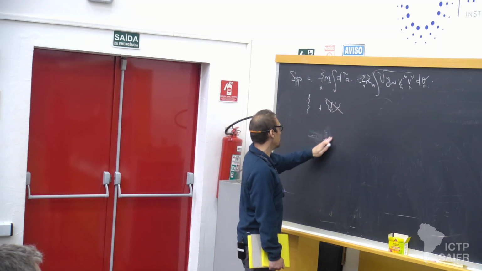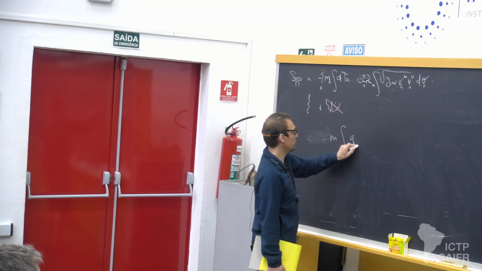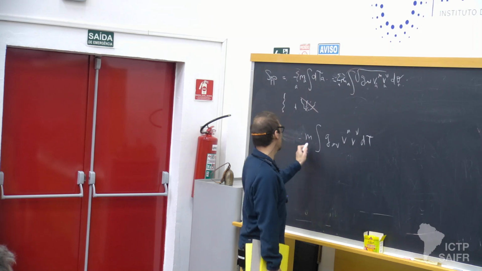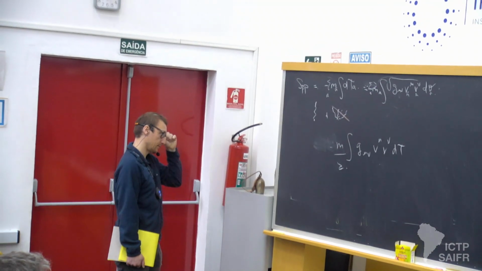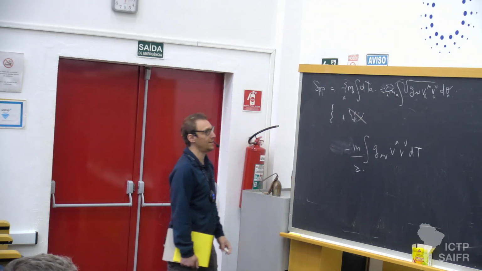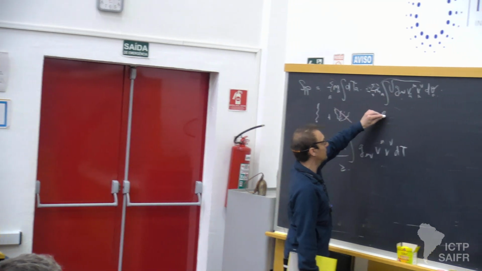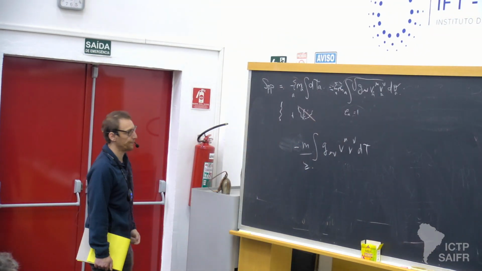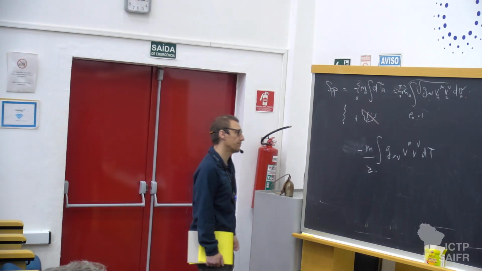So the action is a sum of the two, but what we have here is g_{mu nu} v^mu v^nu divided by 2. I'm not going to call it Polyakov, but it's the linearized form, which means I want to get rid of the square root. I introduce a vierbein, and then I set that to 1 by choosing the proper time. It's the same with the surface when you have a string.